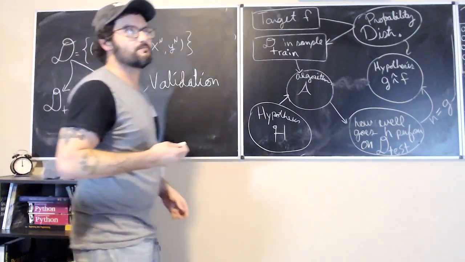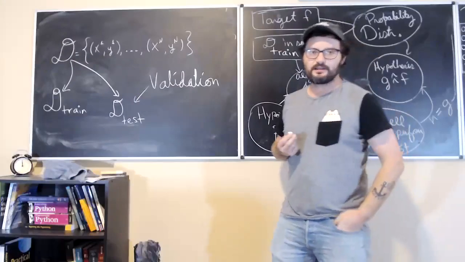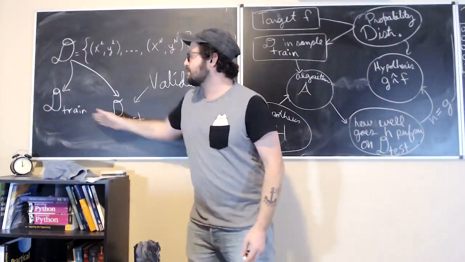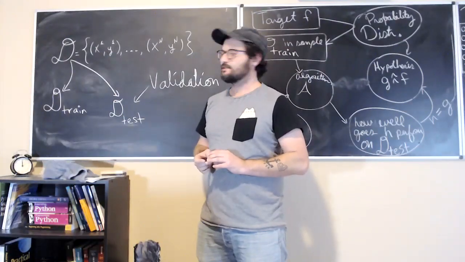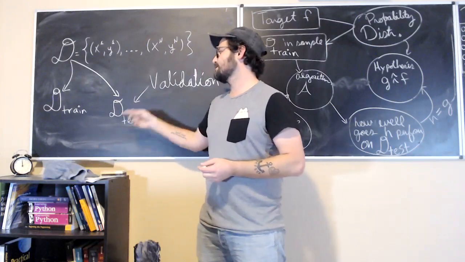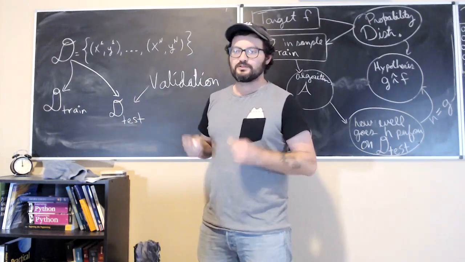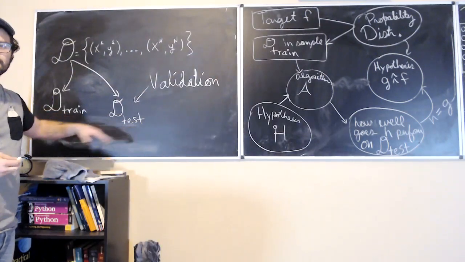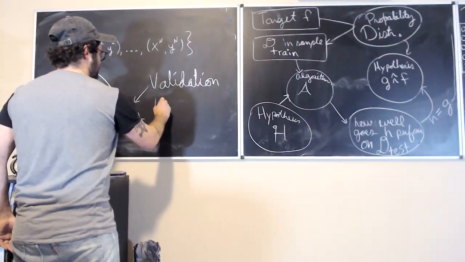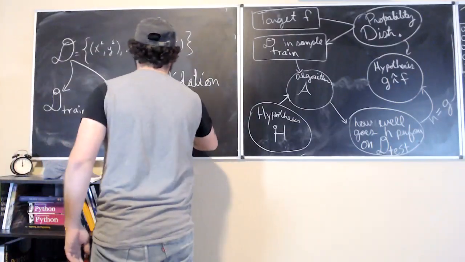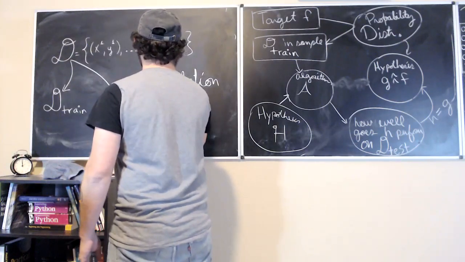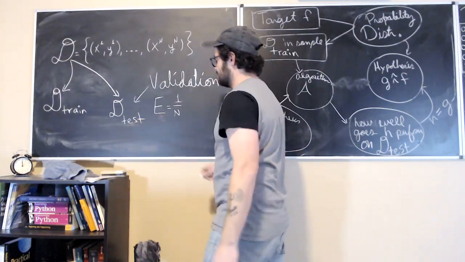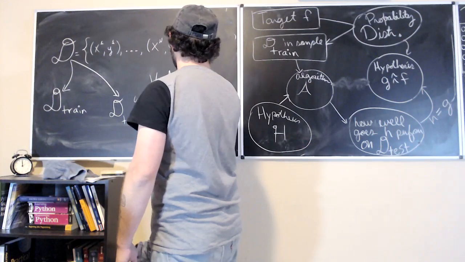It is a good exercise for you to program the perceptron algorithm on the IRIS data set, but split the data. Split the data into two sets, a train set and a test set. Train the perceptron learning algorithm on the train, and then measure its performance on the test. You can do that by saying the error is equal to 1 over the number of points in the test times the sum.